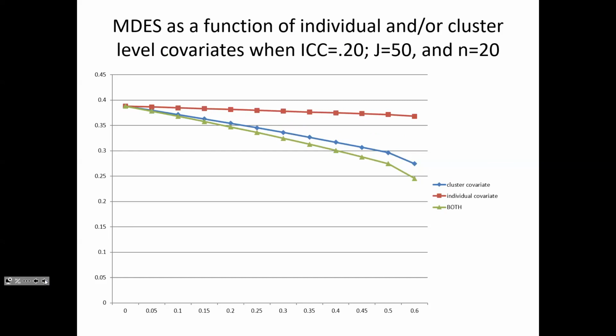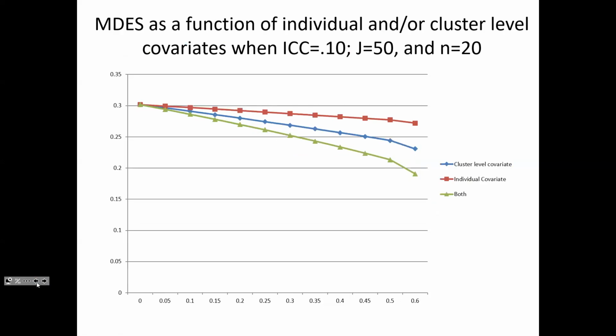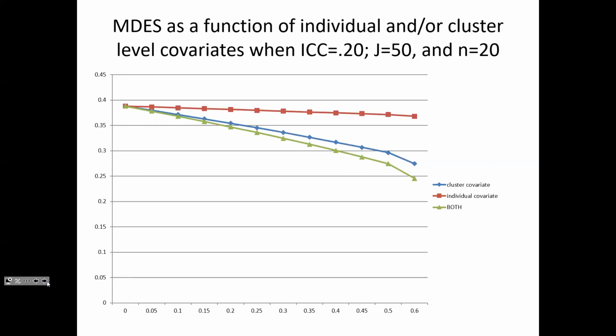Same idea here, but let's compare and contrast with the last picture. That was when the ICC is 0.1, so it's a relatively low intraclass correlation coefficient. With an ICC of 0.2, which is pretty common for school-based designs, look what you see. The individual level covariate doesn't give me that much bang for my buck, right?